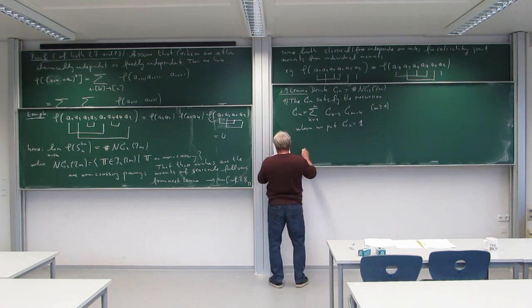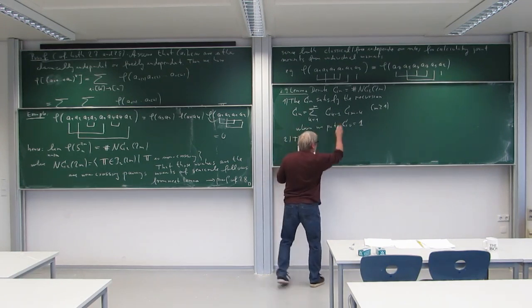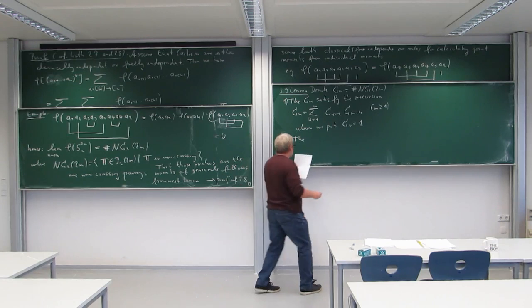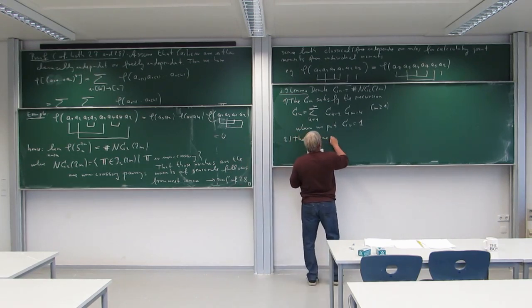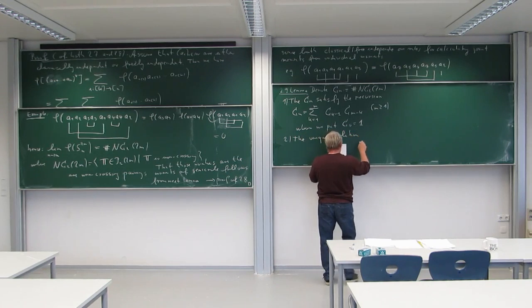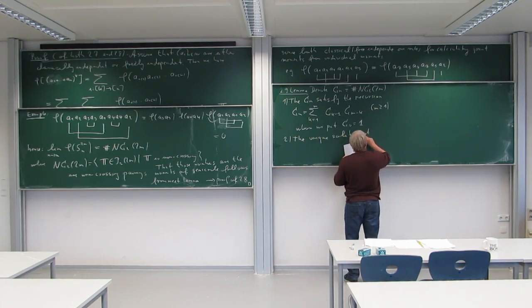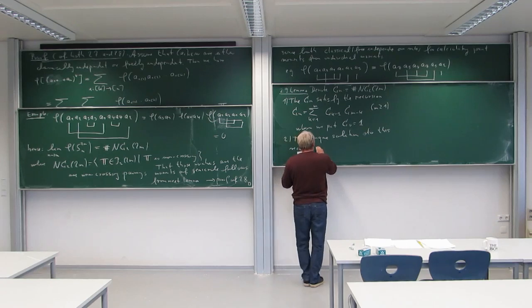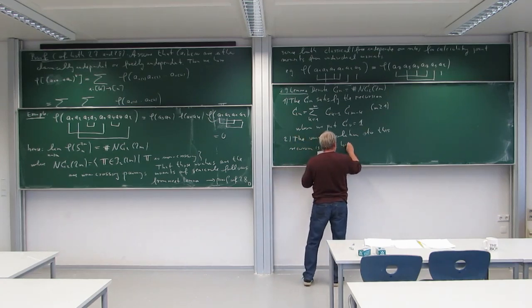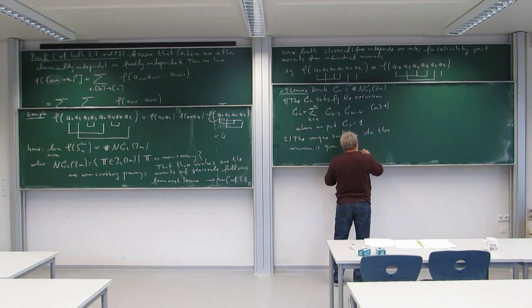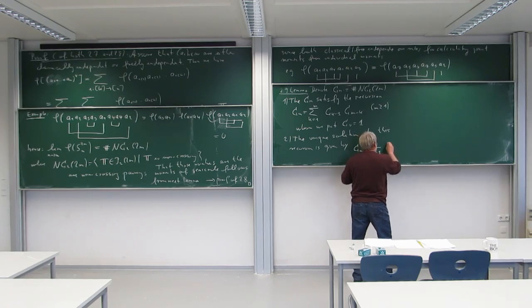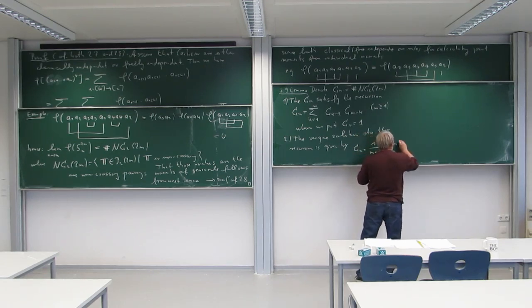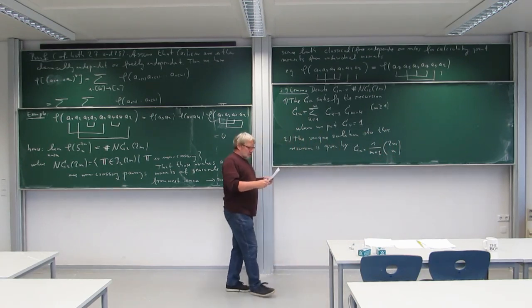So maybe the second part here is that one can solve this recursion explicitly. The solution to this recursion is given by C_m equals the numbers which we had in the free central limit theorem, namely 1 over m plus 1 times 2m choose m. Good.